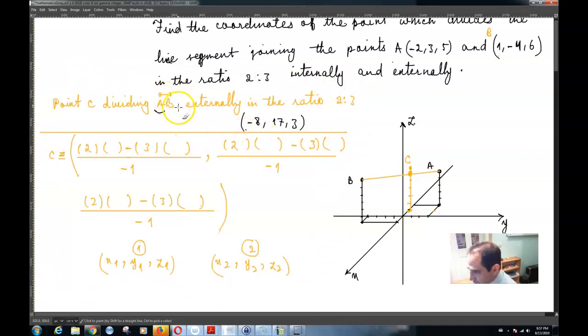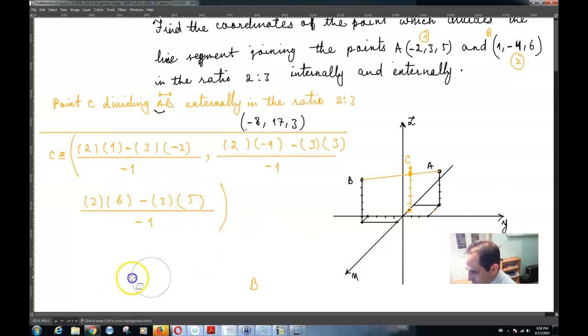So I'm going to take this point as point A and this point as point B. That means that this point becomes point 1 and this point becomes point 2. And so now over here I can write x2 and x1, so 1 and -2; y2, y1, -4 and +3; and z2, z1, so 6 and 5.